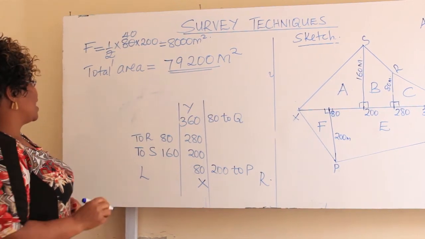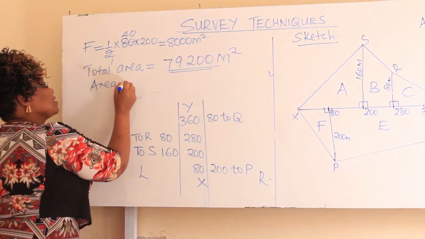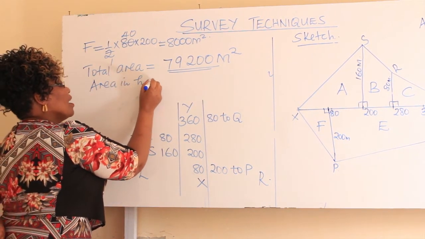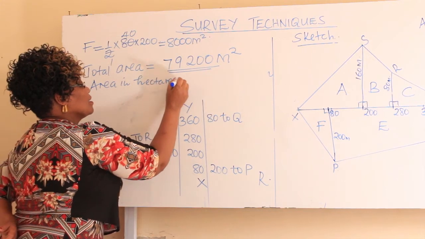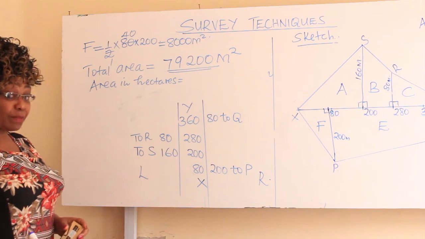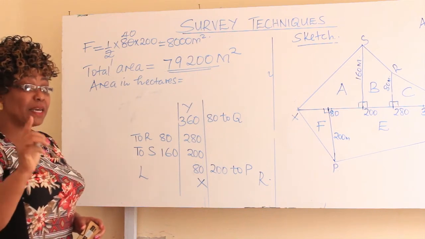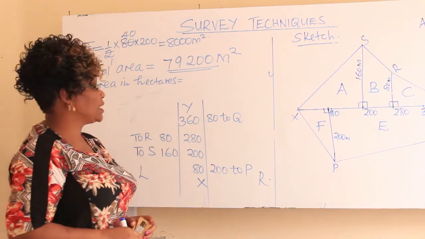Remember that. And therefore from there, what is the area in hectares? To get the area in hectares, we know that 1 hectare is equal to 10,000 meters squared.